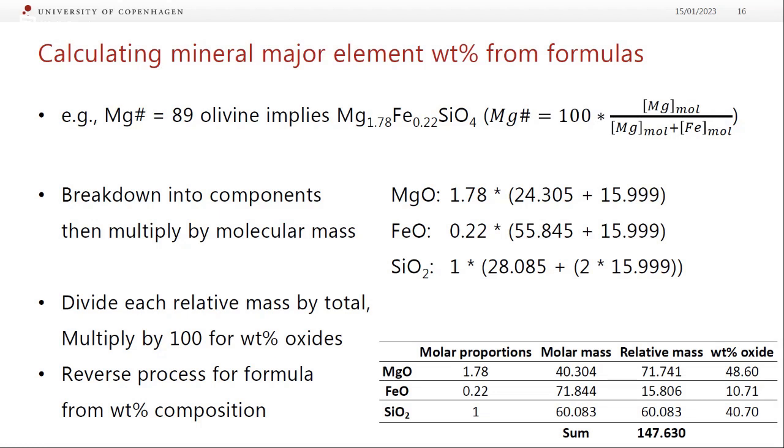This gives us the relative mass of each one, and then we just add all these up and divide by the total, and this gives us weight percent oxides as a percentage. To go from weight percent oxides to a mineral formula, we're basically just reversing the process, and you just have to make sure that, instead of it adding up to 100%, it adds up to the right number of oxygens.